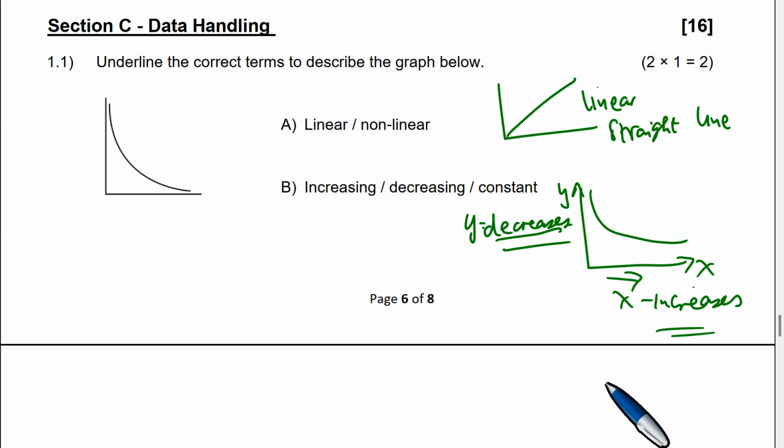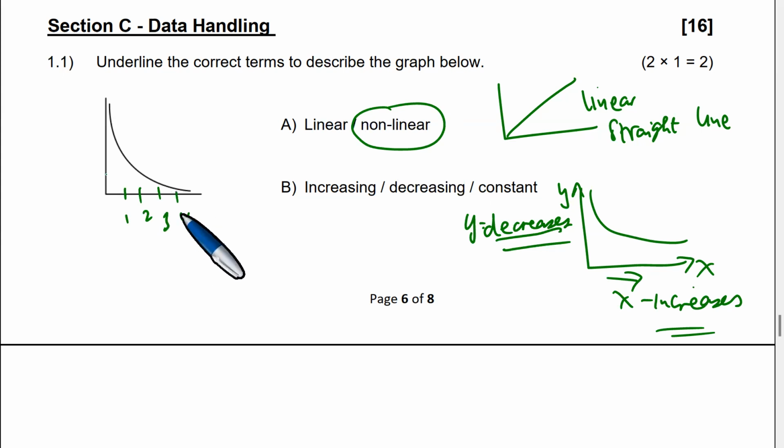So which one is the answer, Lindsay? Non-linear. Yeah, definitely. It means that it is non-linear. It is non-linear, but also when x becomes very large, because maybe x is 1 here, maybe x is 2 there, maybe 3 there, maybe 4.